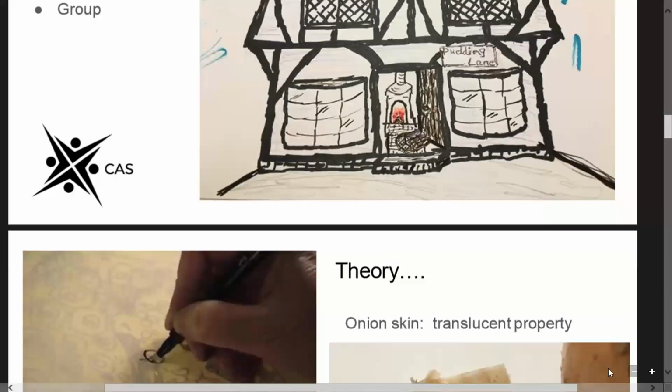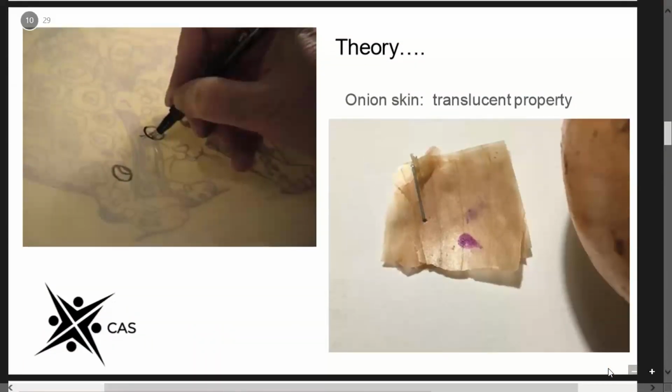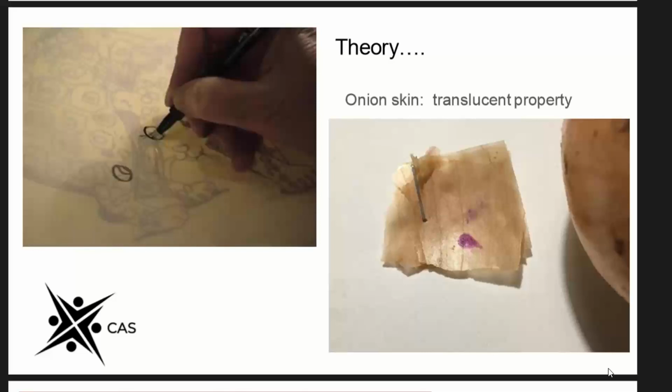So I'm going to do a little bit of theory now. This is my favourite bit of the presentation because I'd never done this before. I wondered why it was called onion skinning. So I got a few bits of onion skin, tried not to cry during the cutting up.